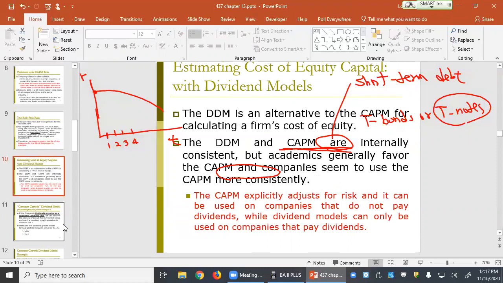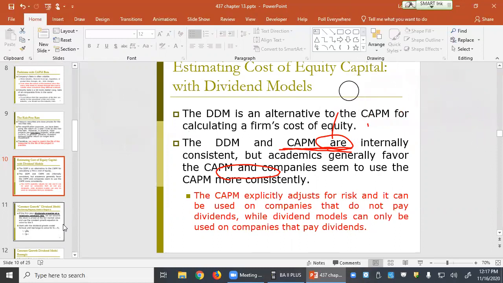So let's look at the next model, dividend models. We have reviewed 3 dividend models here. You also learned that in Finance 330. The 3 dividend models that we learned are the first one, the easiest one, the zero growth model. Model number 2 is constant growth.